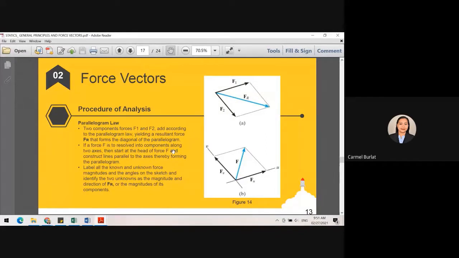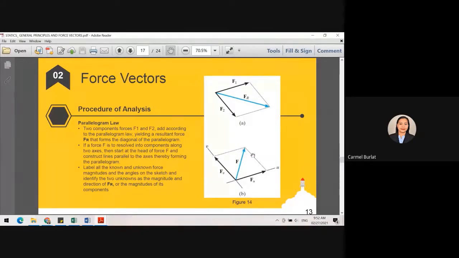If the force is to be resolved into its components, if you are given F and you have to resolve it along V and along U, then start at the head of the force F. You have to start by this one here, mao ni ang head, and construct lines parallel to the axis, thereby forming a parallelogram. So along the v-axis and along the u-axis, you have to construct a line so that you will make a parallelogram.